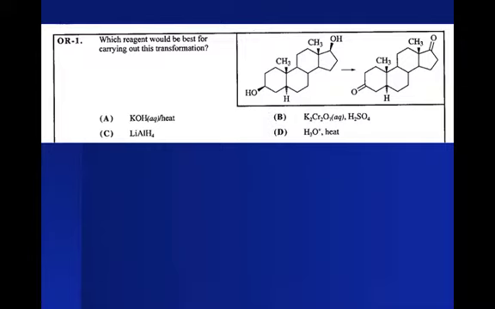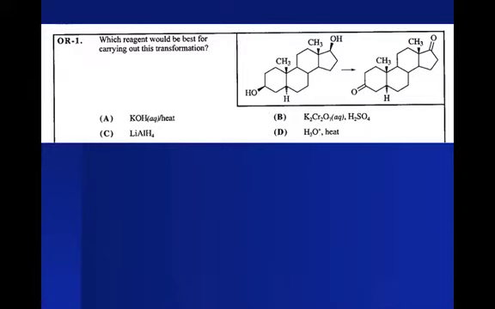What are they? Right off the bat, I would eliminate A and D. Why would I eliminate A and D? They are not oxidizing agents. Very good. Potassium hydroxide is a base. H3O plus is an acid. Don't make any sense. So it can either be B or C.